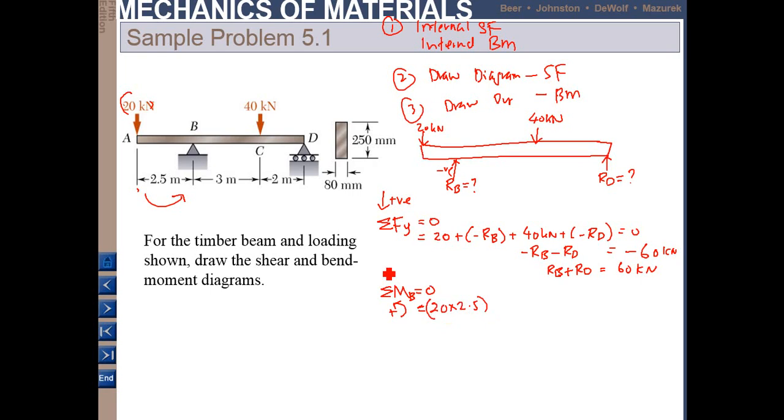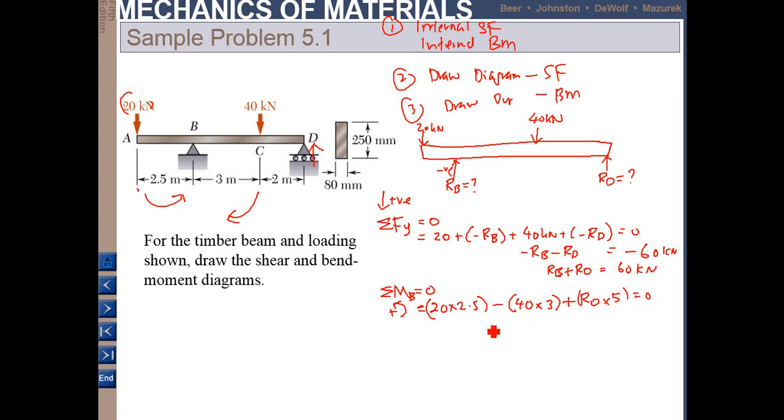and then at C, because this direction is going this way, it is negative, minus 40 times 3, and at point D you don't know, this direction is positive, so plus RD times 5 meter equals 0.